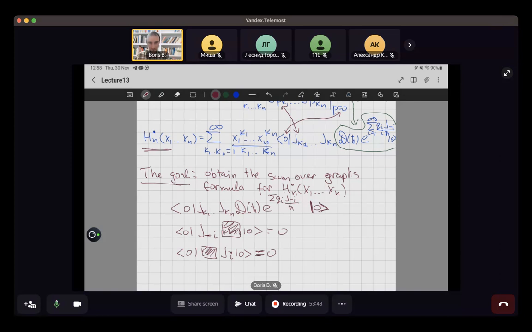And what we do not know now is how to compute these curly D operators. And now I want to deal with these curly D operators. So okay, questions?